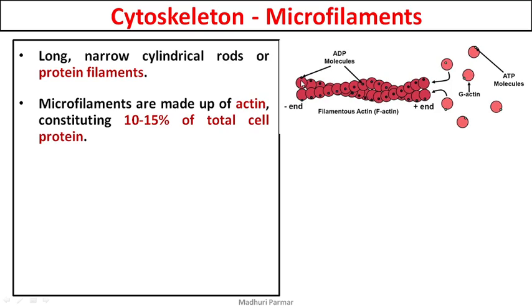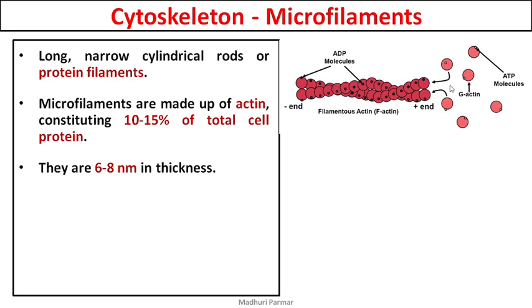So they are double helical strands of globular actin. This actin, which now forms a fiber or a filament, is called F actin or filamentous actin. Clear? So this is how the actin is formed. It is made up of globular actin, G actin, and G actin polymerize to form F actin.